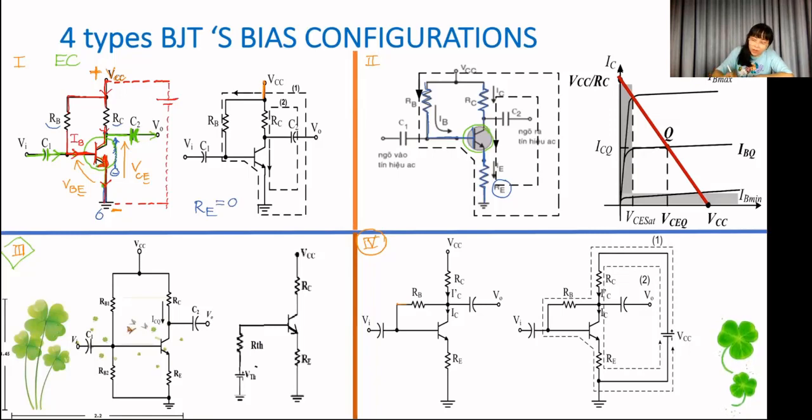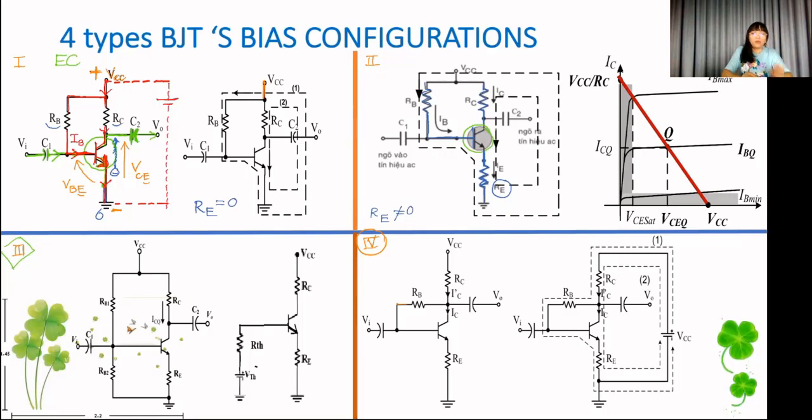Here, we have got the resistance on the emitter, and the circuit is the same, right? And this we call the circuit with resistor not equal to 0, right?